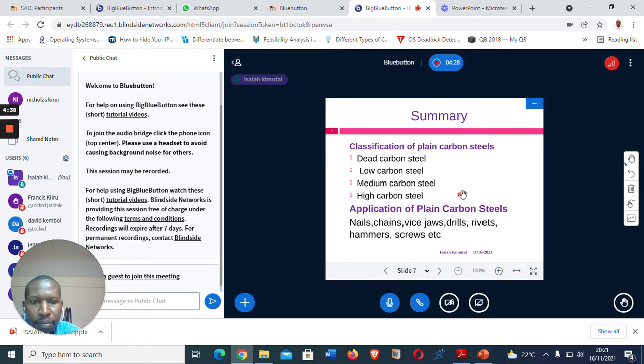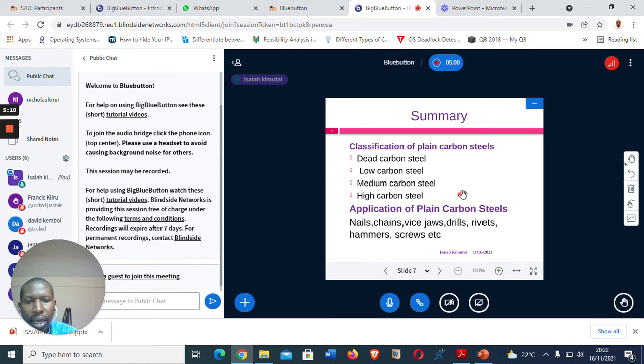In summary, we have four classifications of plain carbon steels: dead carbon steel, low carbon steel, medium carbon steel, and lastly high carbon steel. The difference is the carbon content, and the carbon content determines the properties of each of the carbon steels.